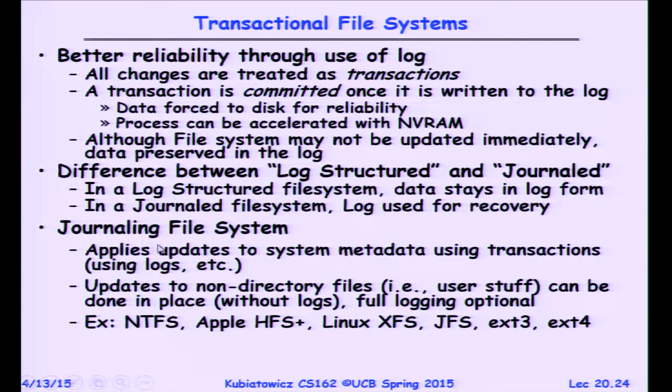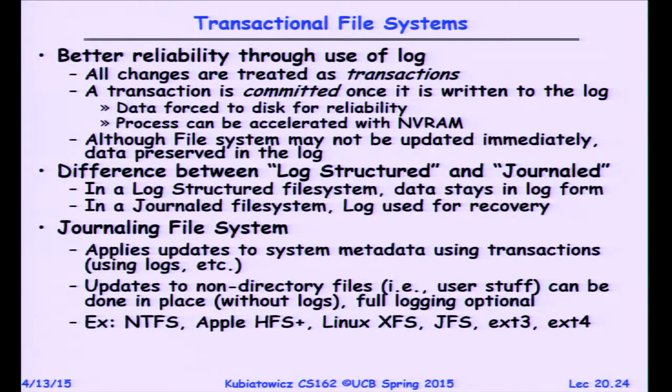Basically, all updates to metadata like inodes and so on go to the log. Updates to non-directory files and data can be done in place or maybe put in the log. So those are two completely separate options.